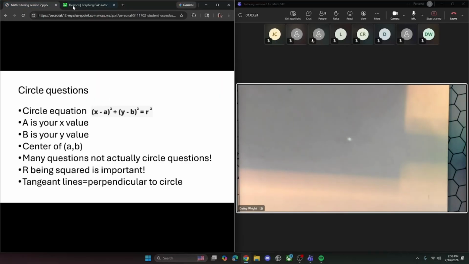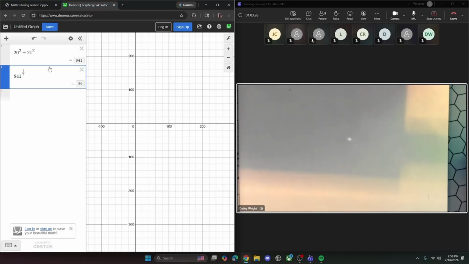So x minus a squared plus y minus b squared equals r squared.